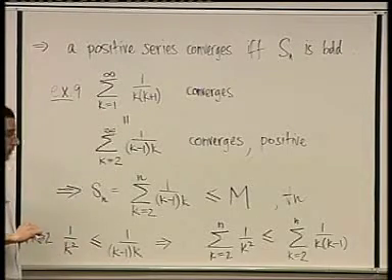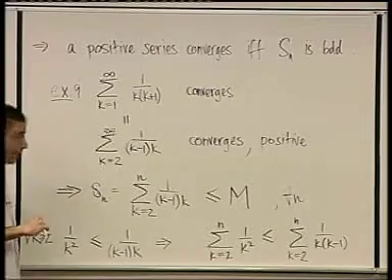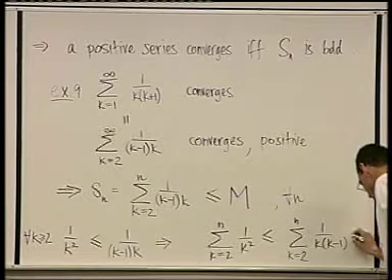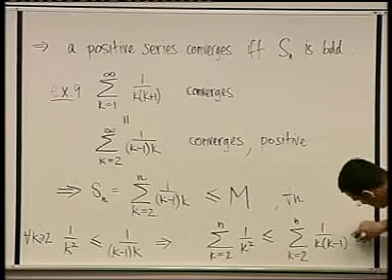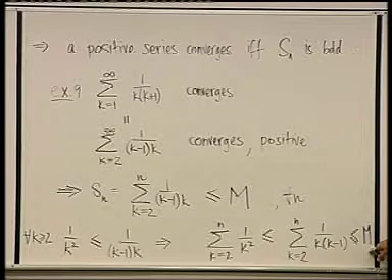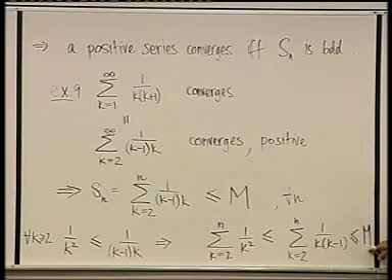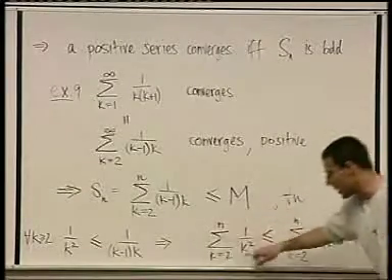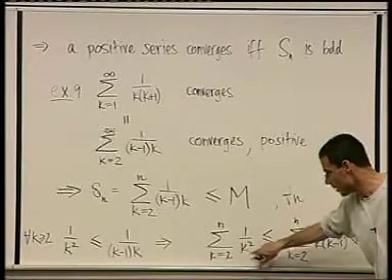Do you agree? Good, that's the next step. And this, we know, that's the previous line. This is less than some M, less than or equal, we wrote, doesn't matter, for any n. Do you agree? So what we just found out is that this sequence of partial sums, which is the sequence of partial sums for which series?